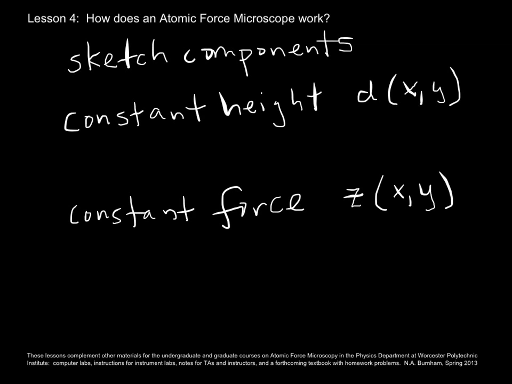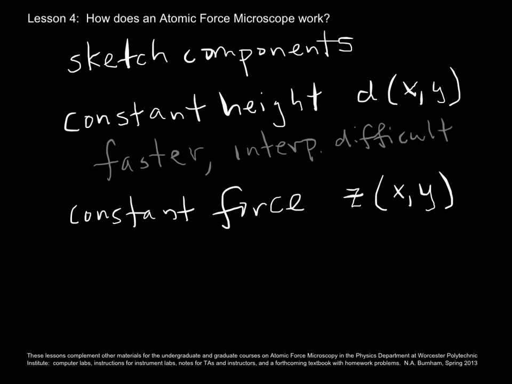So why would you use one mode or the other? Well, constant height mode, because it doesn't have a feedback circuit, which takes a little time to operate, it is faster, but the interpretation of the images is difficult because that force between the tip and the sample changes.